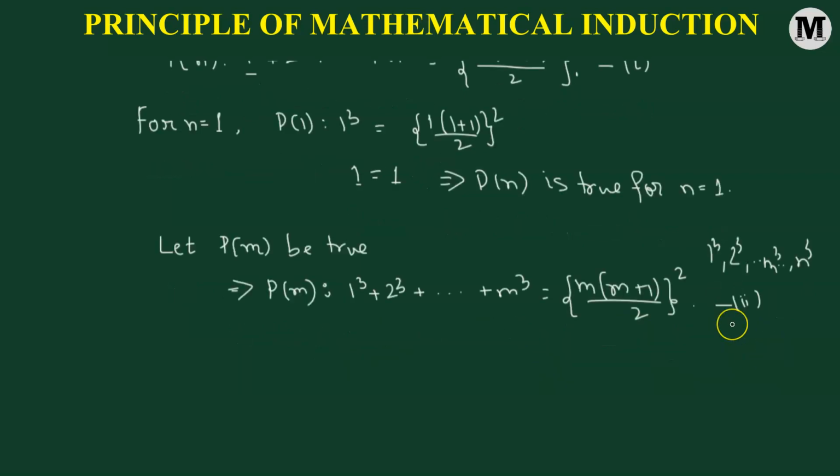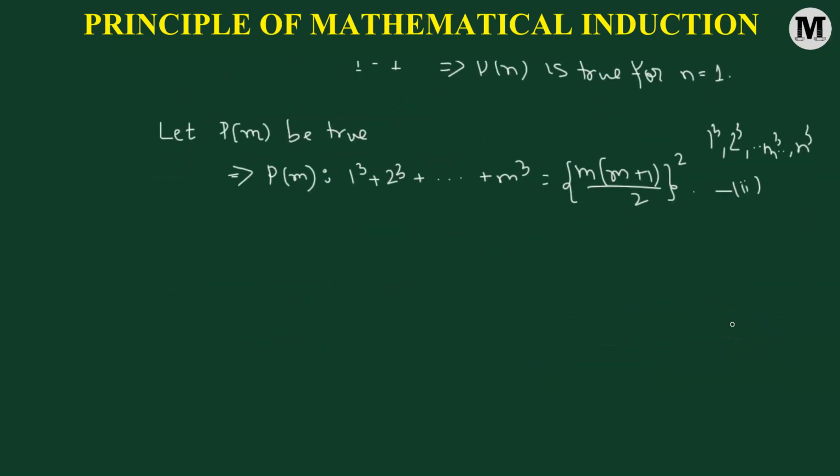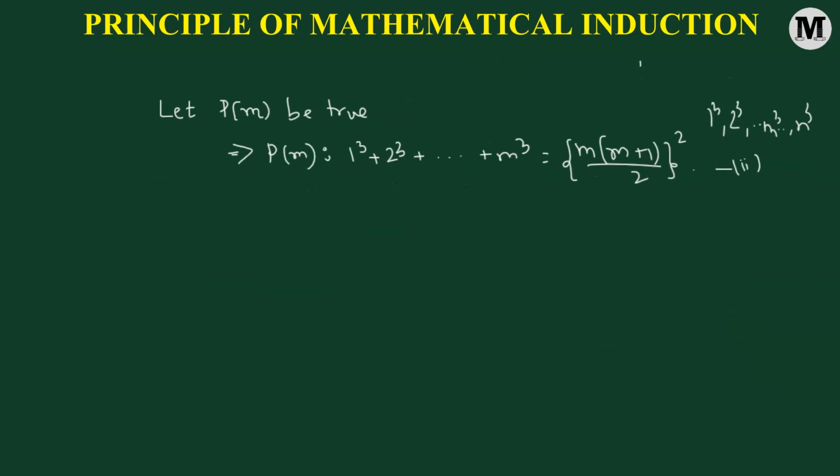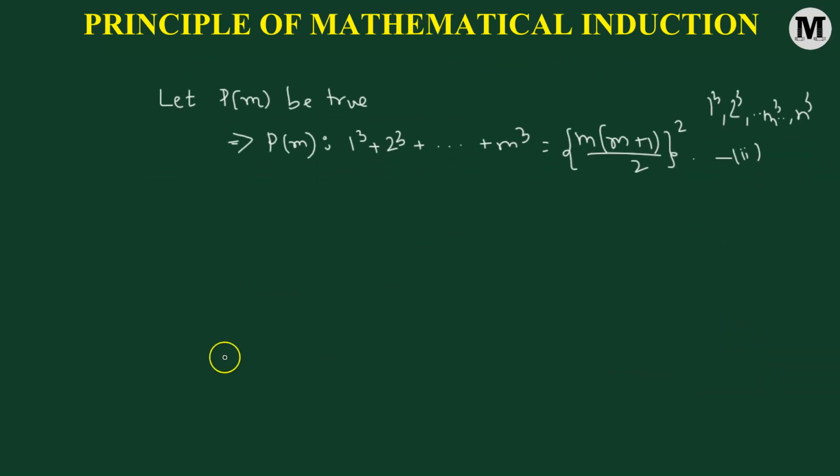Now using this, we have to show that the next consecutive natural number also makes the statement true. Next consecutive, we have to show that P of m plus 1 is true as well. What does it mean when we say that P of m plus 1 is true?